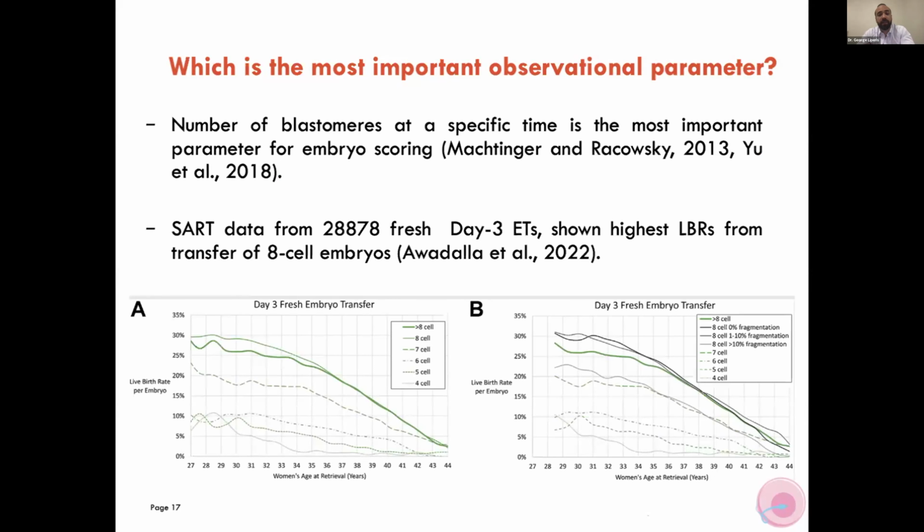And as we can see here in these graphs, the 8-cell embryos result in the highest live birth rate. And when this is accompanied by a low fragmentation level, then this level is even higher.